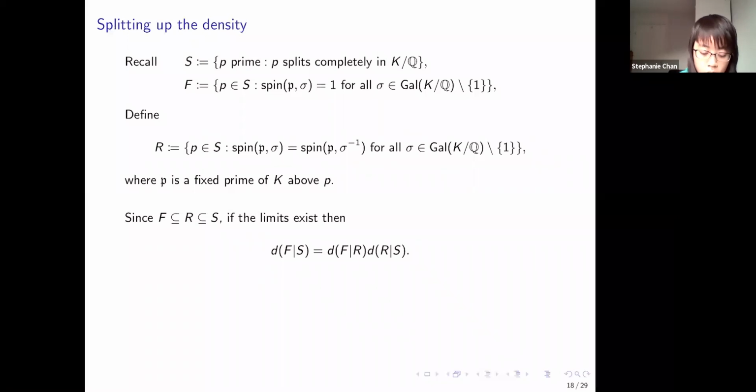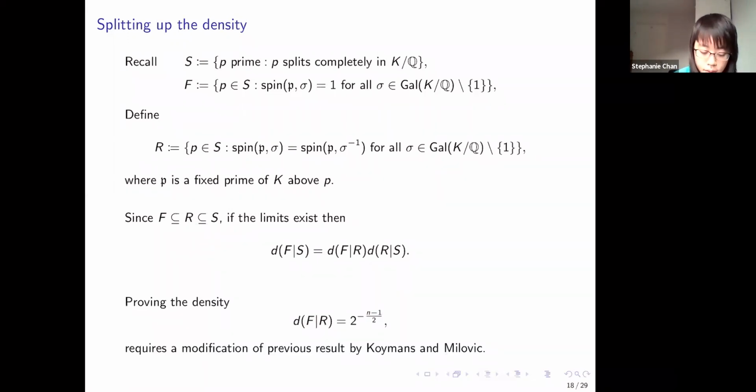And to prove the first density in this product, it is essentially a modification of the proof by Coleman and Leverage, because we are really looking at n minus 1 over 2 elements of the Galois group, right?